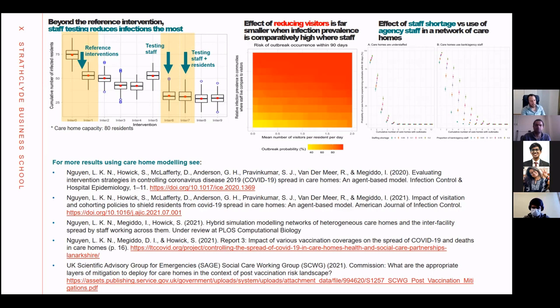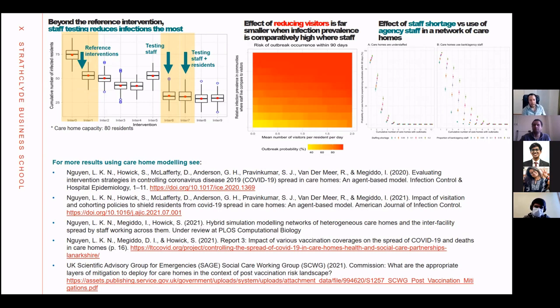So there were advantages to reducing the number of visitors only if, where staff lived, the relative number of infections was very low compared to where the rest of the population came from. That's what this heat map is showing.